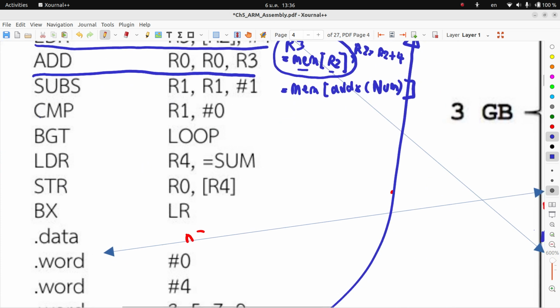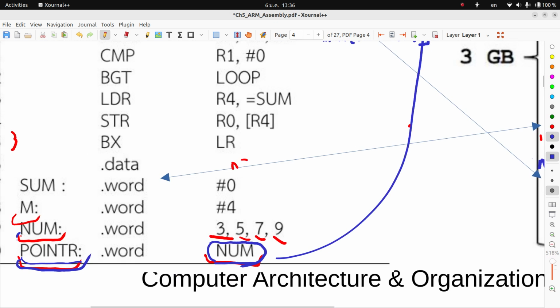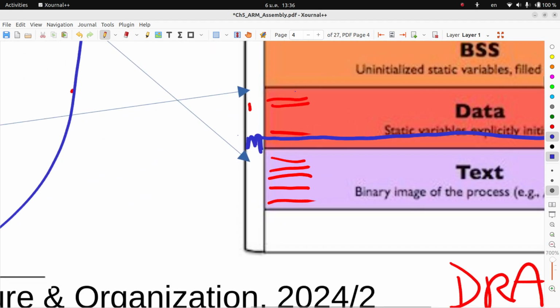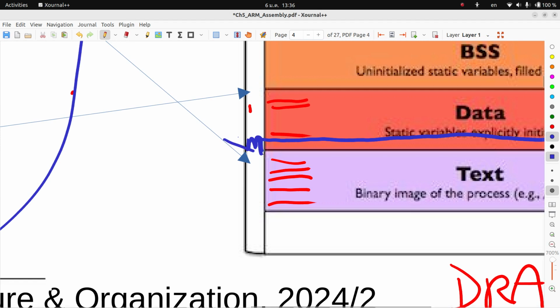Please fix this. Where is num? Num is here, right? The fourth line. So, the first line is sum. So, sum is somewhere here. The second line is m. The third line is num. Right? So, num contains 3, 5, 7, 9. It's an array.